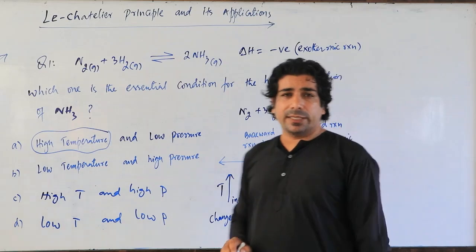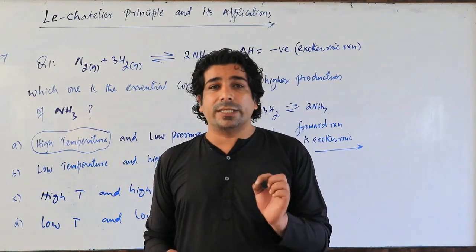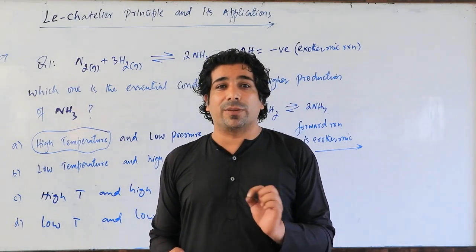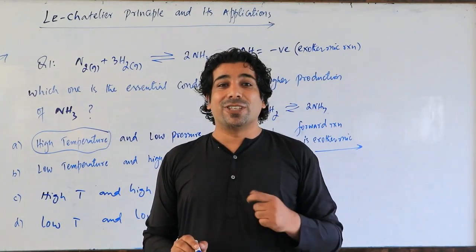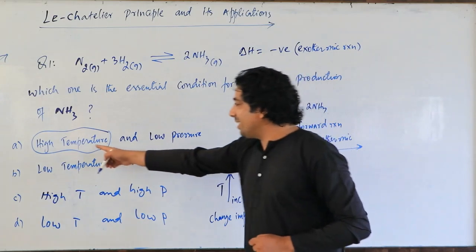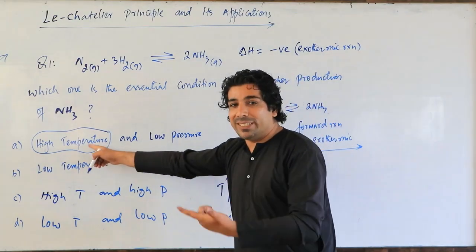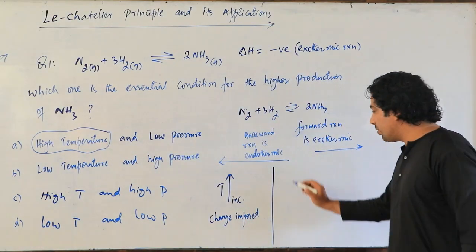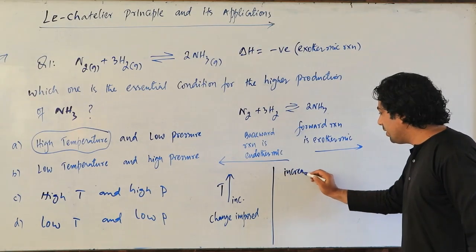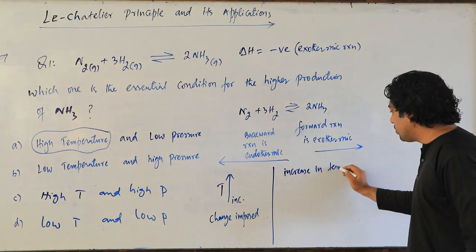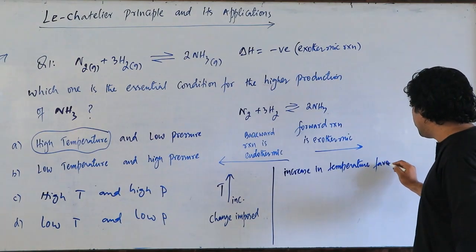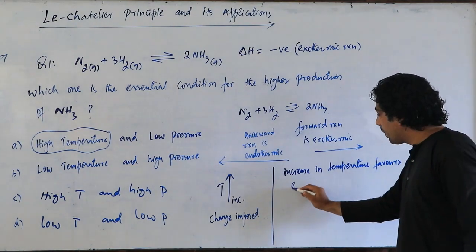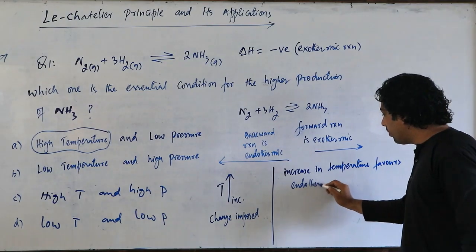Last time I discussed that increase in temperature will favor endothermic reaction. Decrease in temperature will favor exothermic reaction. So you are increasing the temperature. Temperature is high, that means you are increasing the temperature. So increase in temperature favors, I will write down, increase in temperature favors endothermic reaction.